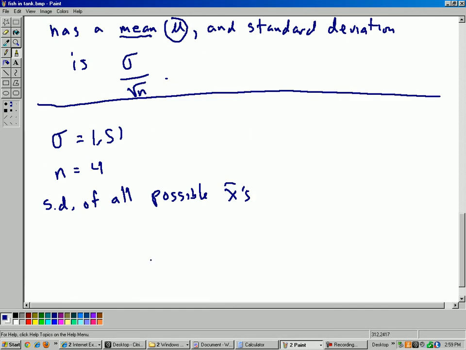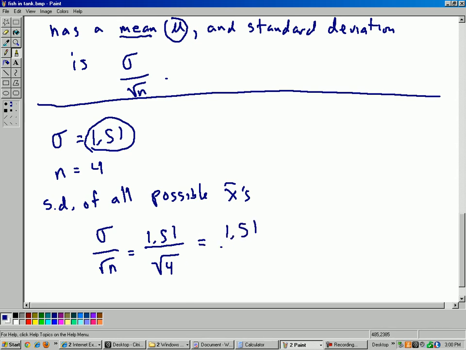You can compute it by the formula here, sigma over square root of n, which is sigma 1.51 divided by square root of 4, which is just 2, so 1.51 divided by 2, which is about 0.75.